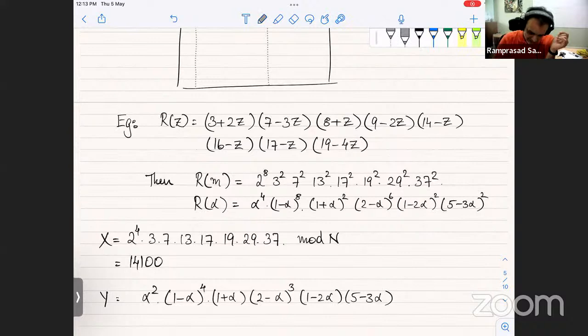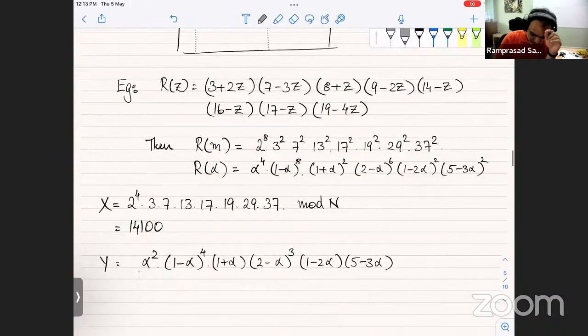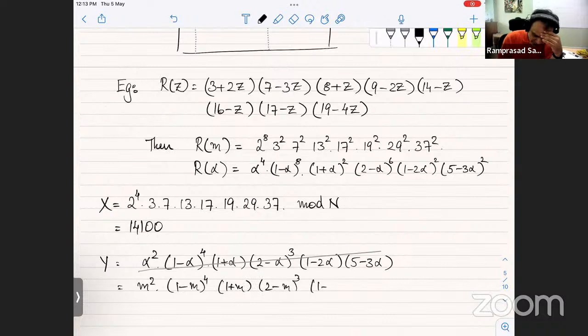So here is where the choice of that m matters, because instead of taking this number, I'm going to end up taking the following: m squared into 1 minus m to the power 4 into 1 plus m into 2 minus m the whole cube into 1 minus 2m into 5 minus 3m.